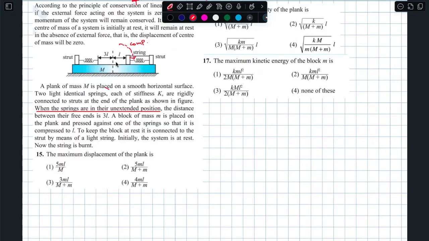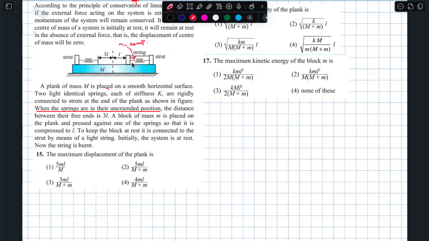Remember, if we are compressing this by an amount L, by the time it reaches here, it will get some KE part. Now remember, the block is not connected to the spring, not fixed to the spring.